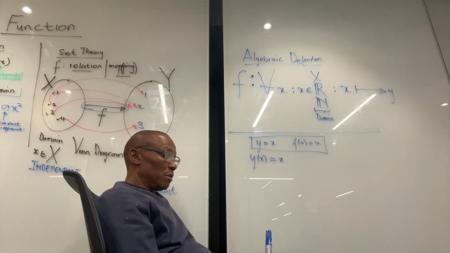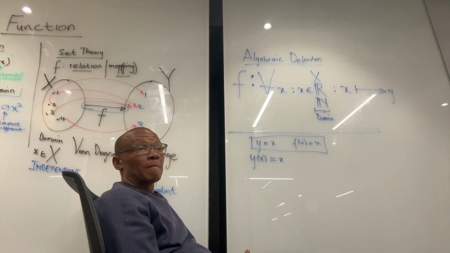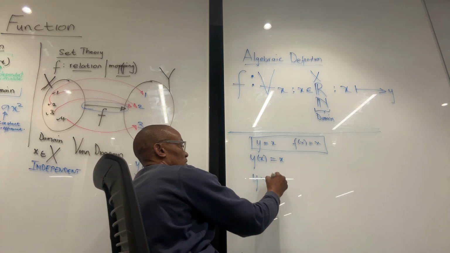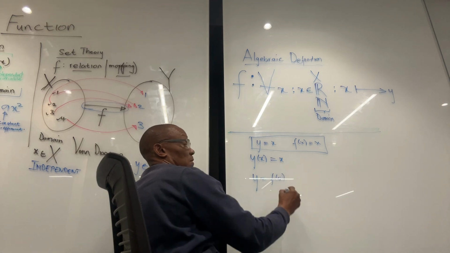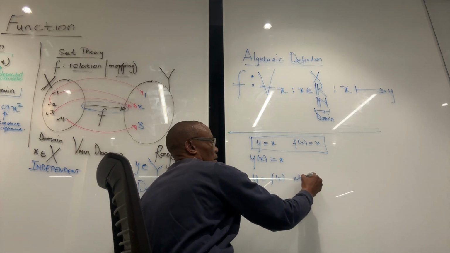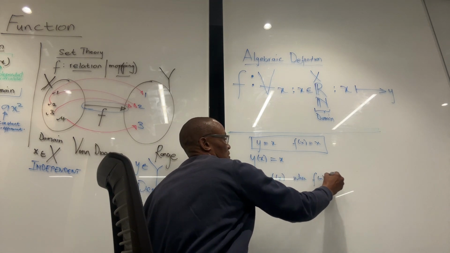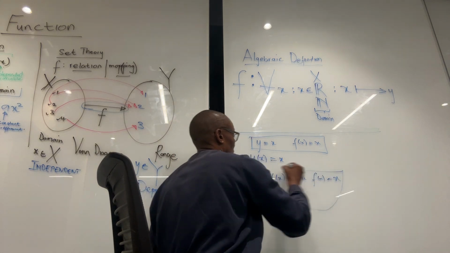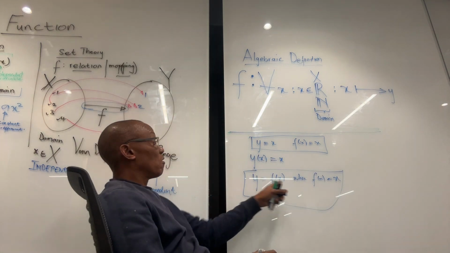To some people, it may mean two different things. y is a function of x, where a function of x is equal to x. This is a long form of this.